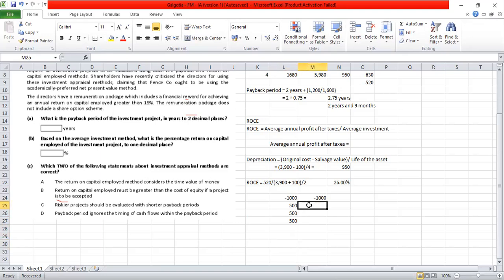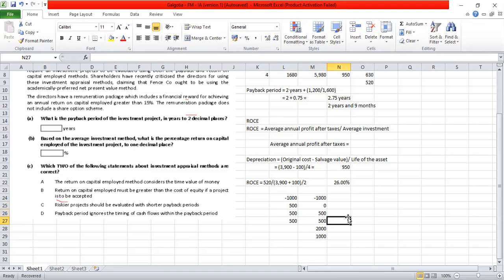Another project has 0, then 500, then again 500, but after that 2000, then 1000, something like that. When we calculate the payback period, A will have a payback period of 2 years, but B will have to wait for 3 years. In that context, we would reject project B and go ahead with project A, because if there is an option to select only one based on the payback period calculation, project A would be preferred because its payback period is earlier than project B's.